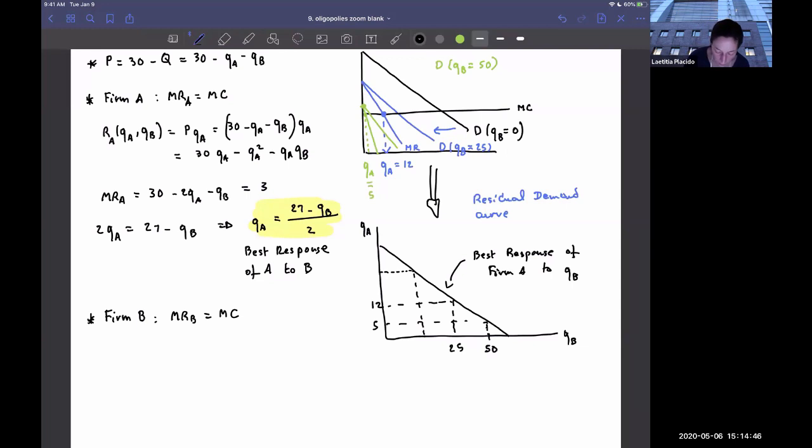So I know that the best response of firm B to any quantity set by QA is going to be QB equals (27 minus QA) divided by 2. So you just look at the best response of QA and you replace A by B and B by A.